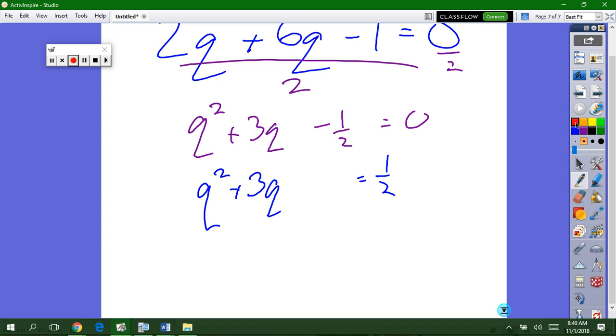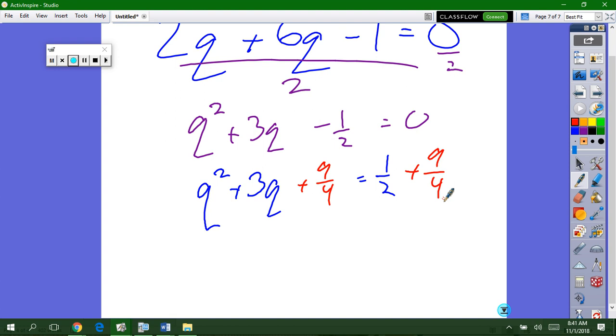Once again, take half. Half is 3 halves. So what needs to fill this blank? 3 halves squared, which is 9 fourths. What I add to one side, what do I have to do to the other? Anybody have a question on how I got that?